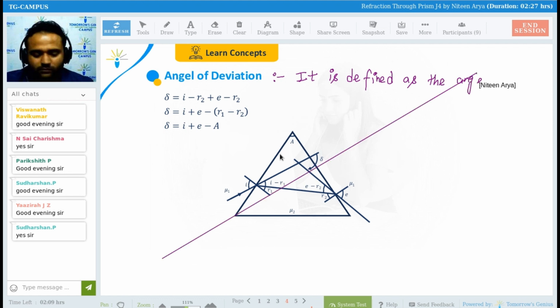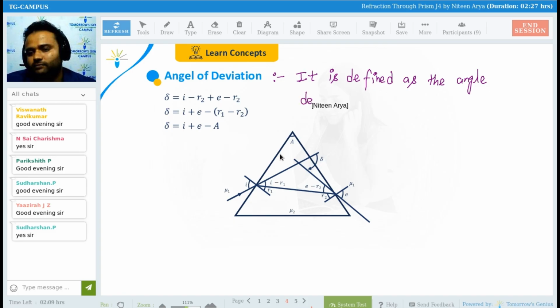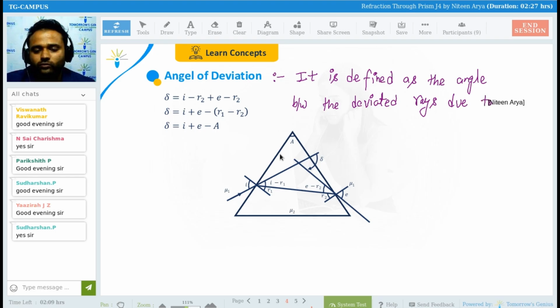It is defined as the angle between the deviated rays due to refraction of prism.